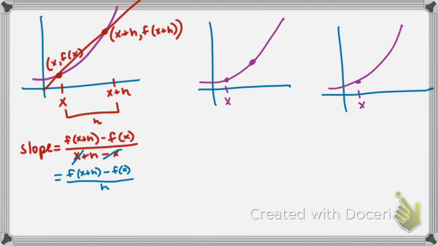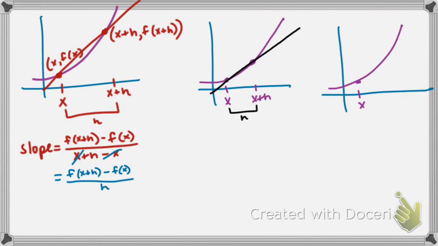As I put x plus h here, it's the same point. I'm just moving it closer. What are we actually doing besides moving it closer? What changed about this line? The part that changed is that h got smaller. The distance between these 2 points got smaller.